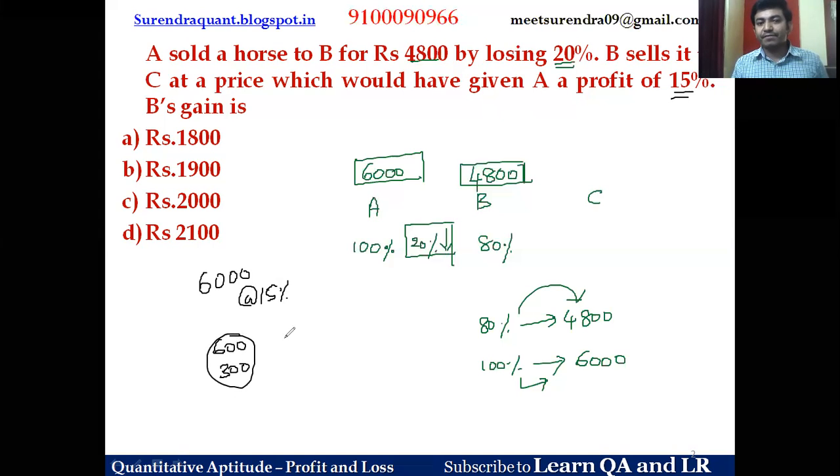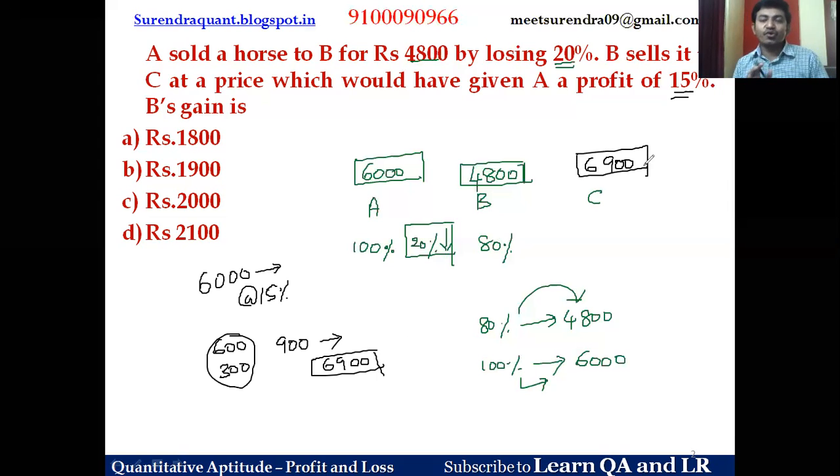So he has to get 15%, that is 900 rupees profit. Now CP of A is 6,000, his profit is 900, together it is 6,900.